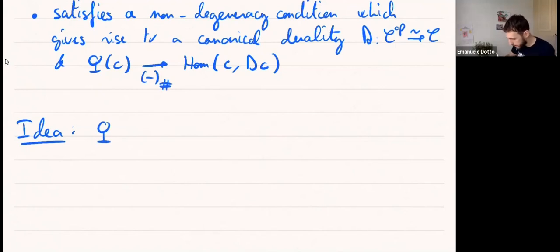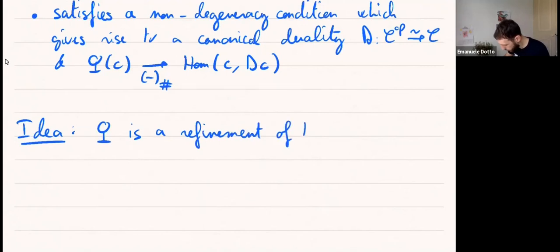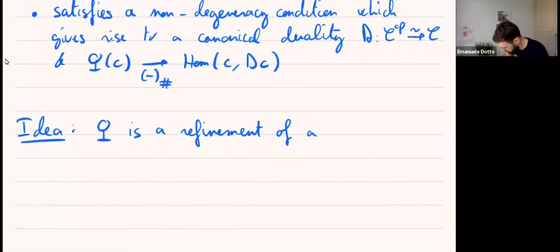This Poincare structure, this functor Q, is a refinement of the notion of duality, of the structure of a duality.